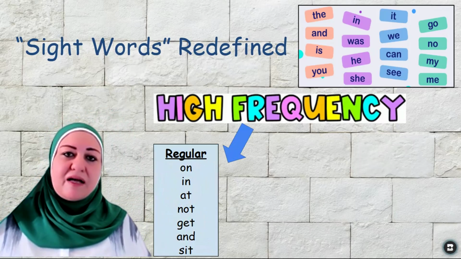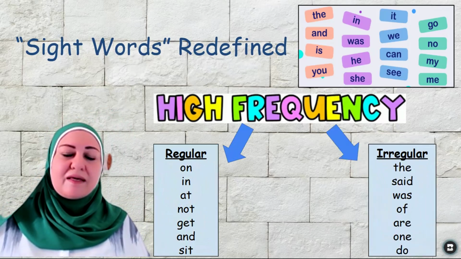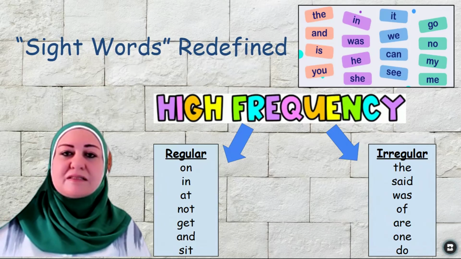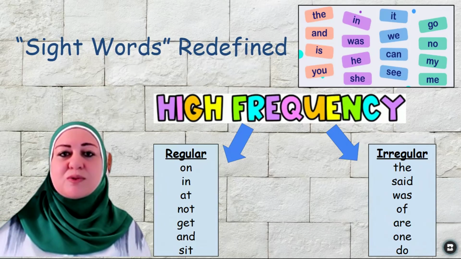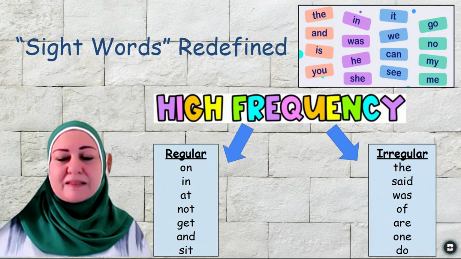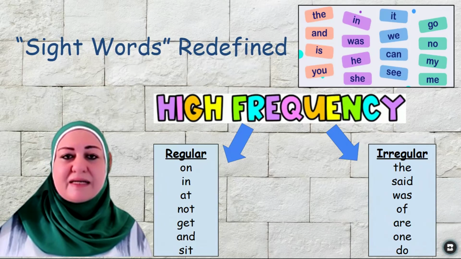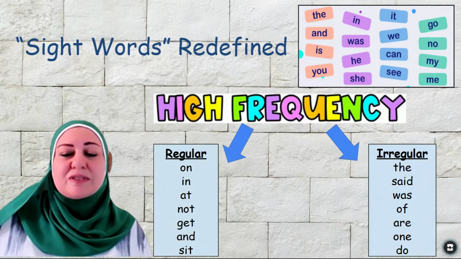But some of these high frequency words are irregular, okay? Words like the. The E here in the is not a long E sound. It's actually pronounced like a short U sound, the. And the word said. The AI there in the middle doesn't have a long I sound, it actually has a short E sound.